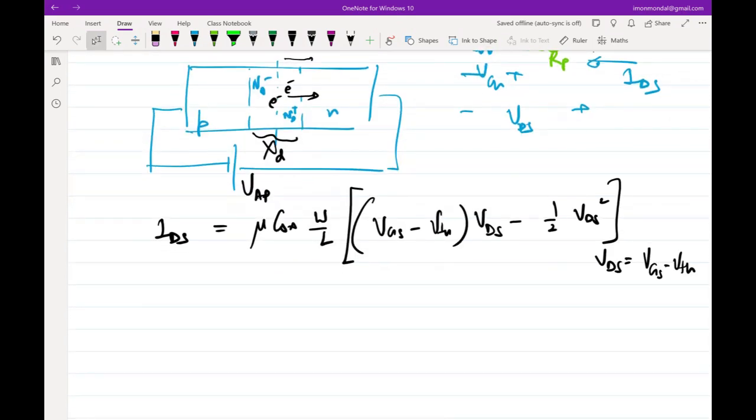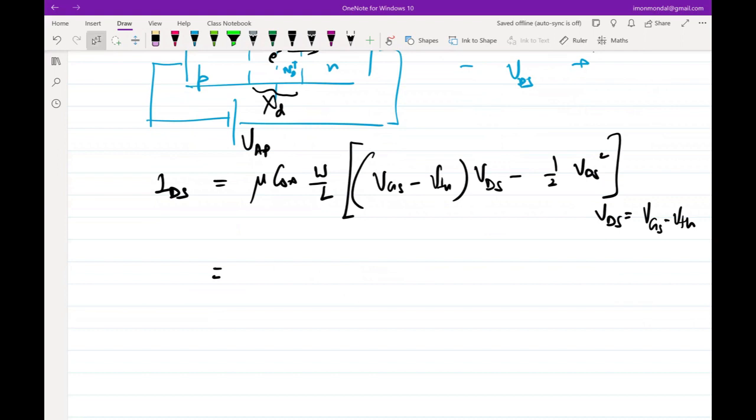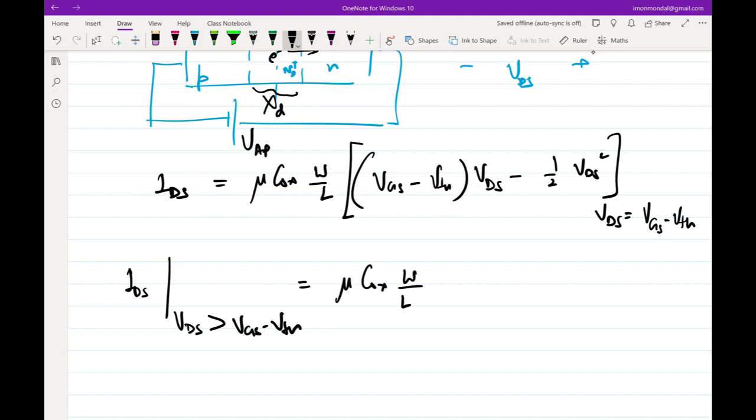So far, do you agree with what we did? If you agree, then the current in this region, where VDS is greater than VGS minus VT, if I just replace VDS with VGS minus VT, becomes mu Cox W by L times 1 by 2 times VGS minus VTH whole squared.